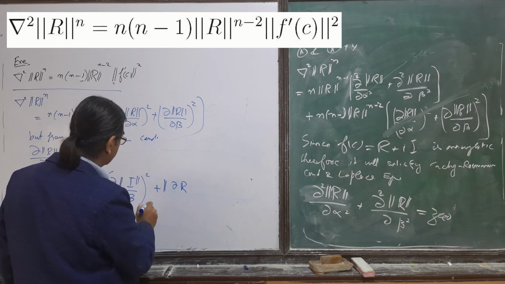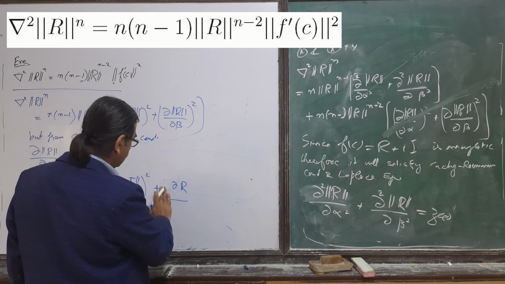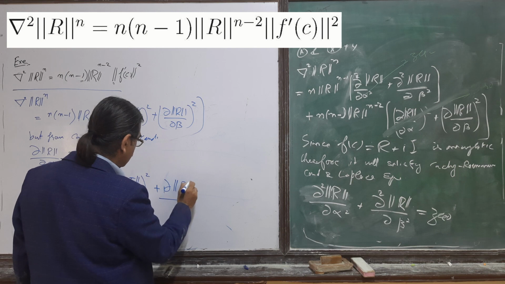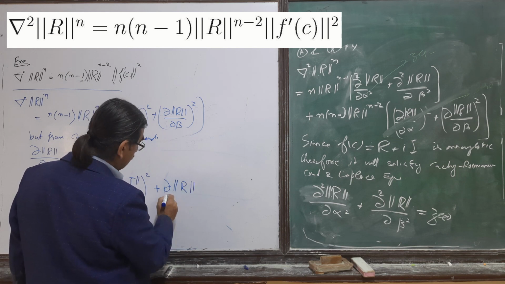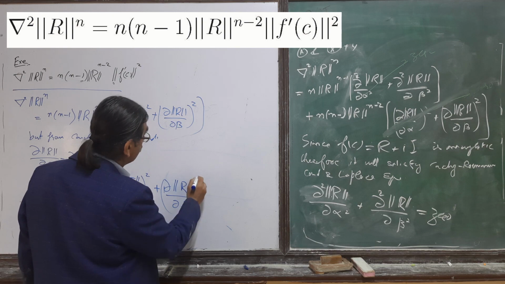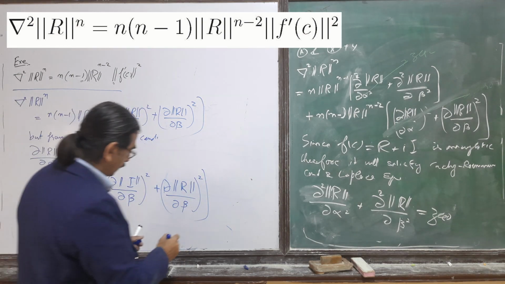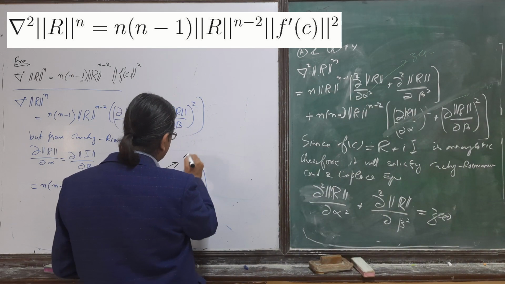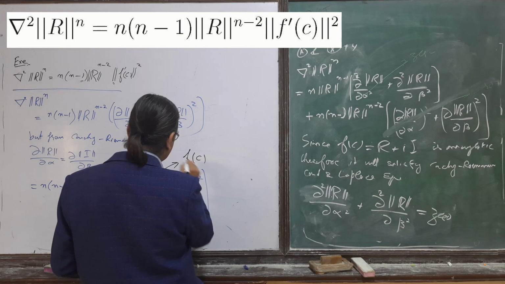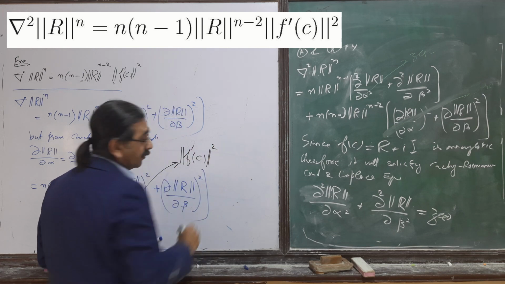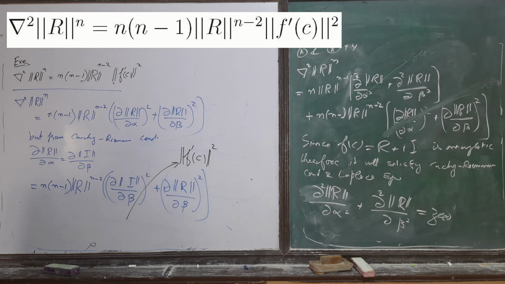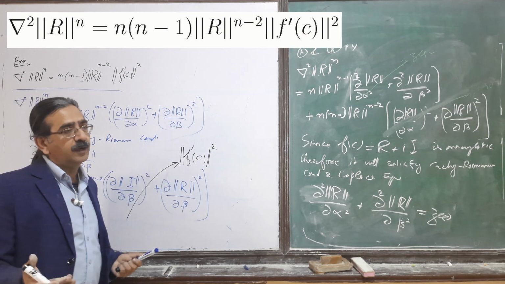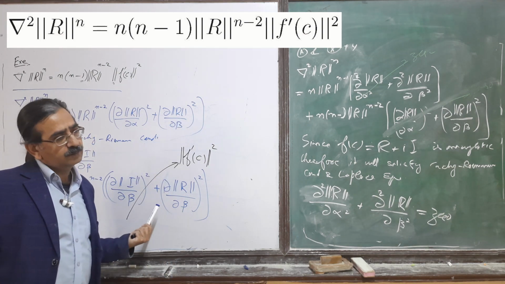If you use the second condition, that is due to the minus, that will become a plus, and the alpha will be the same.